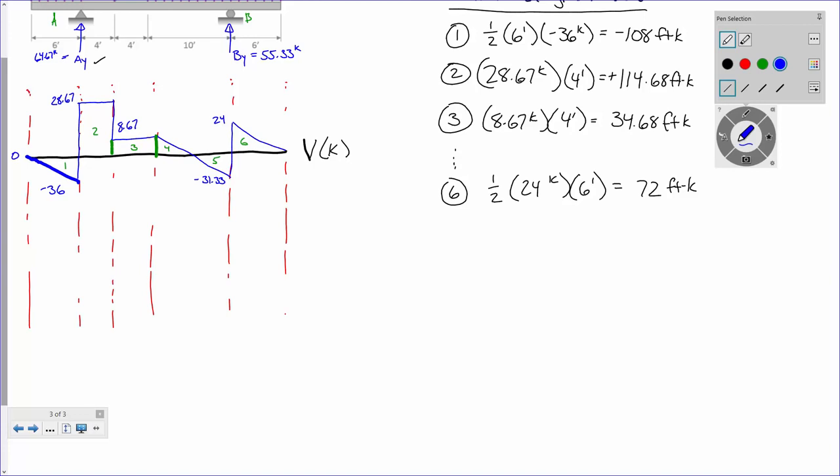So let's sort of zoom in on that point right here on the shear diagram. So we got that thing going on. We've got that. Four and 5.